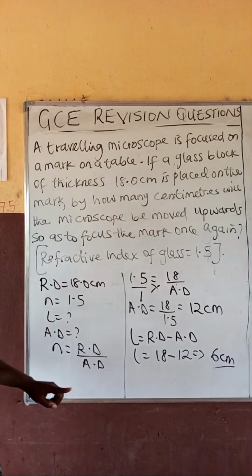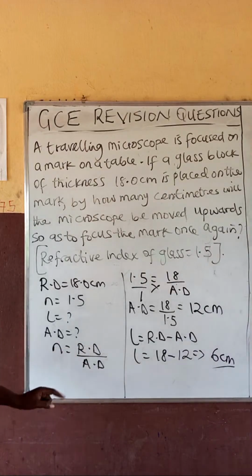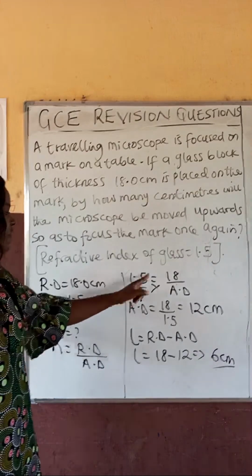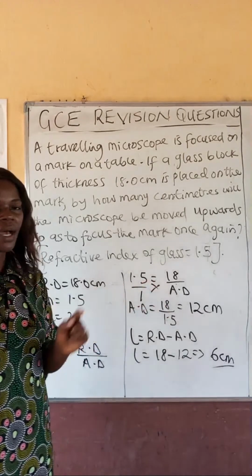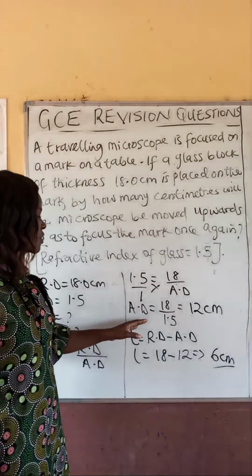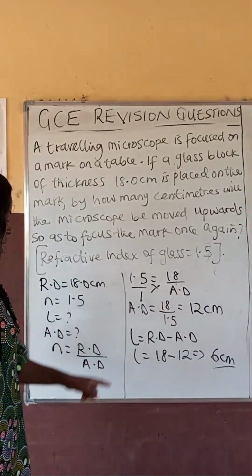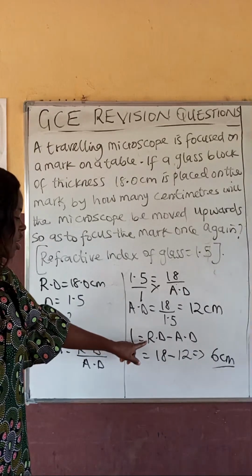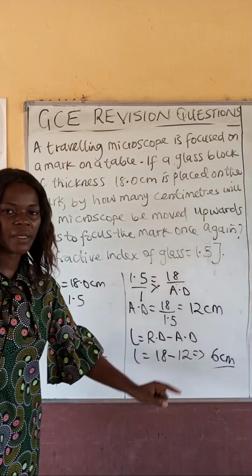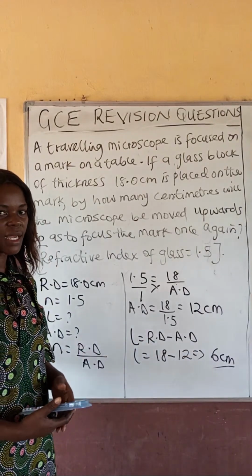So it's our formula: refractive index equals real depth over apparent depth. That is 1.5 equals, my real depth is given as 18, divided by apparent depth. By the time you substitute, you're going to get the apparent depth to be 12 centimeters. So my lateral displacement equals real depth minus apparent depth. And my answer is 6 centimeters. Is that clear? All right.